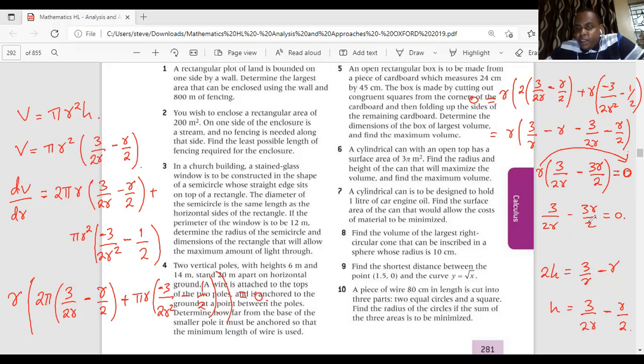Let's multiply everything by 2r. What do we get? We get 3 minus 3r squared equals 0, right? And if we solve this for r, it only means that r equals 1.